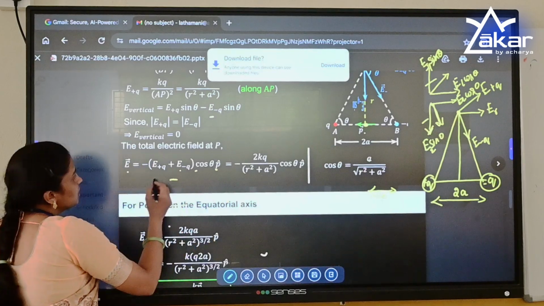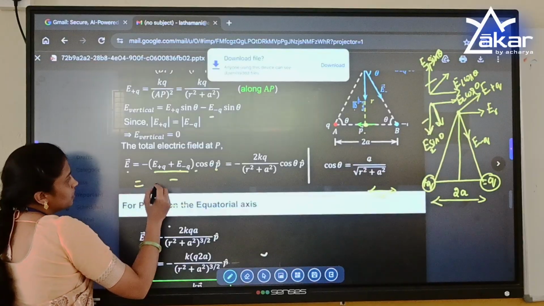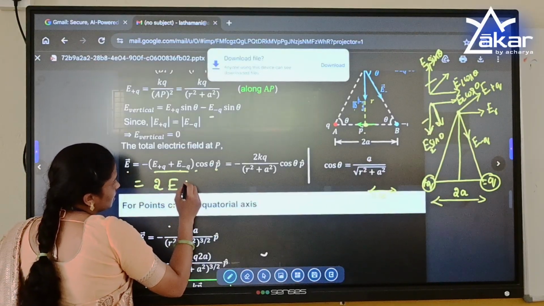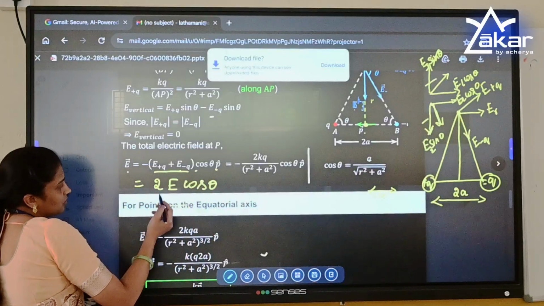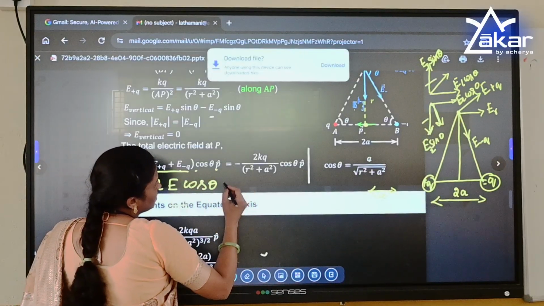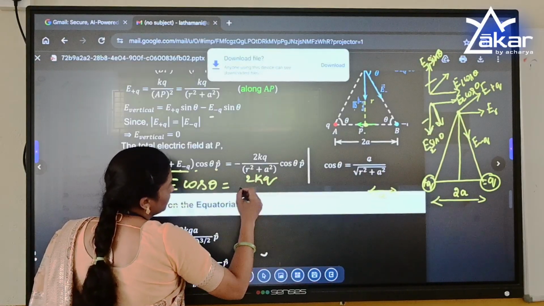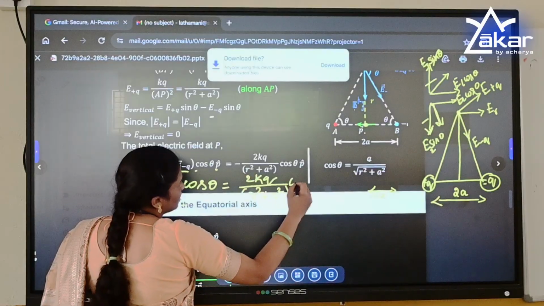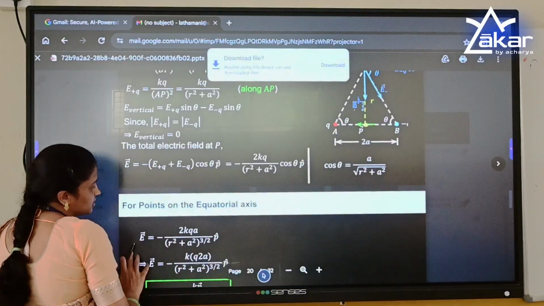That we can write as 2E cos theta. So now we can write it as 2KQ divided by r square plus a square cos theta into P cap.